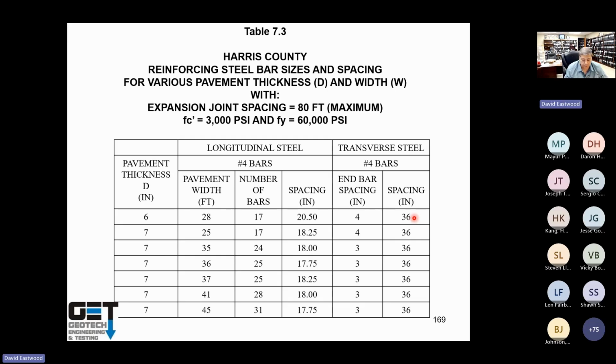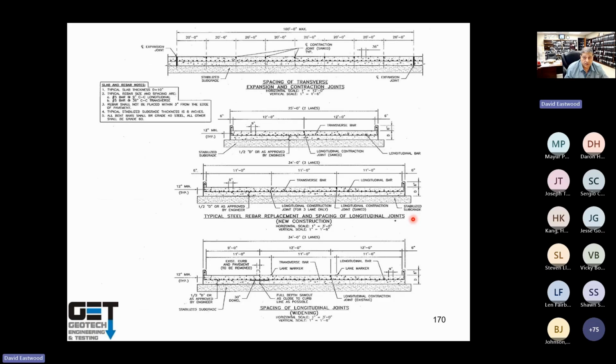So that's kind of a steel placement. For a typical roadway, we have control joints at 20-foot spacing along the transverse, paving alignment, and along the longitudinal, 11 to 12-foot spacing. Okay, that's kind of the control joints. It tells the concrete where to crack.